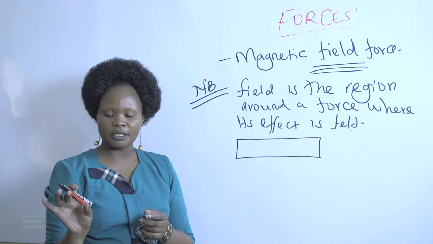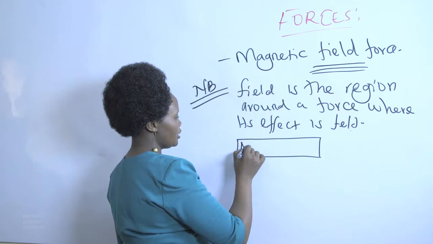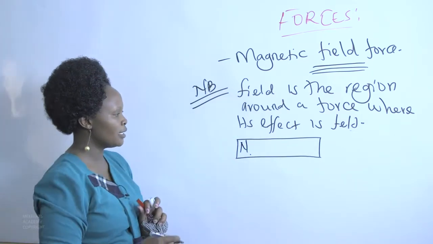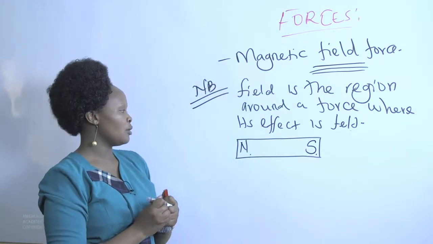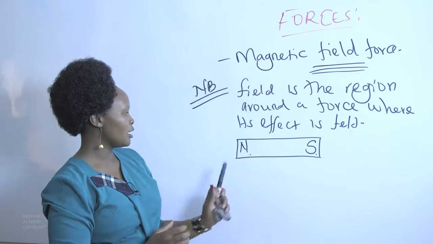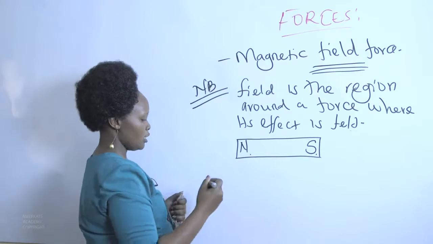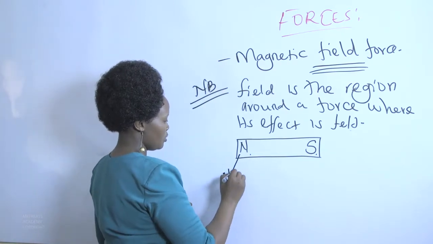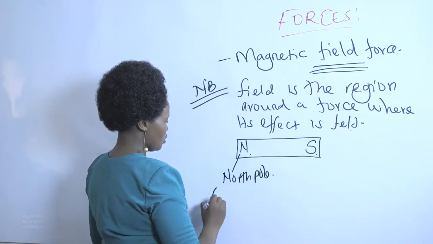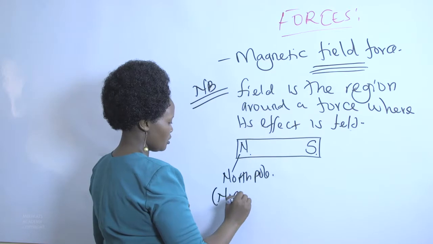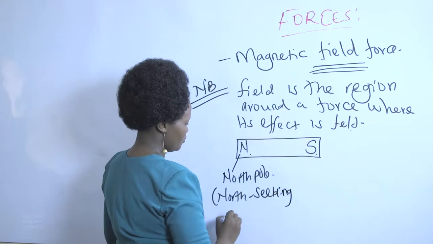Sometimes it could be painted like this, but you have an indication of a letter N and probably another one, S. Now, the end that is indicated N is what we call the North Pole, or the North Seeking Pole.